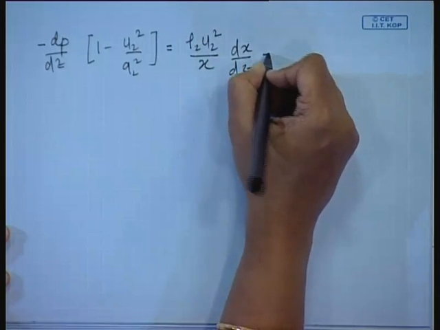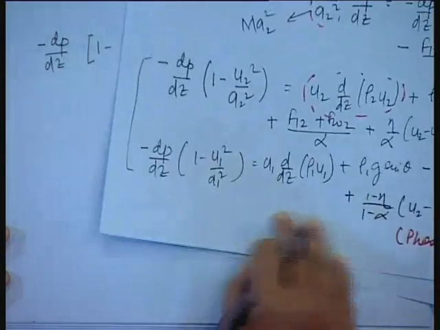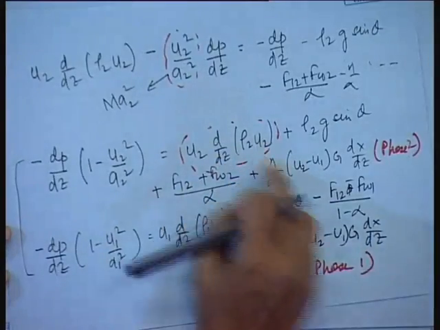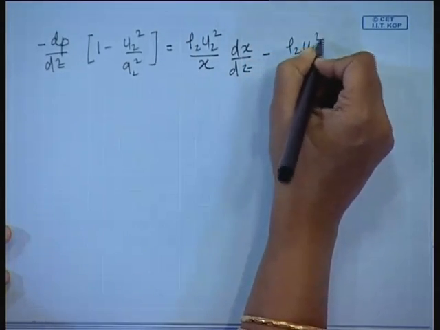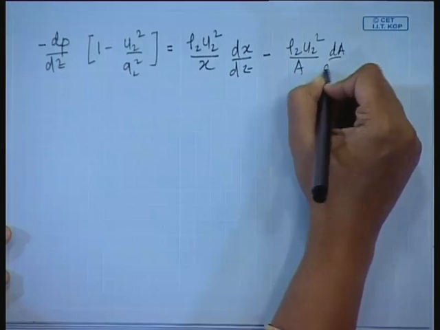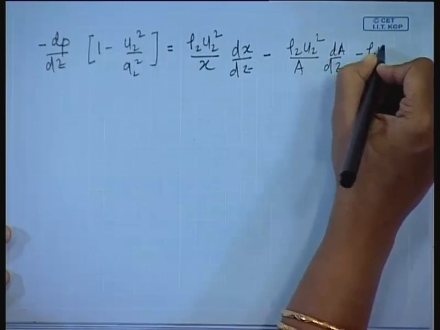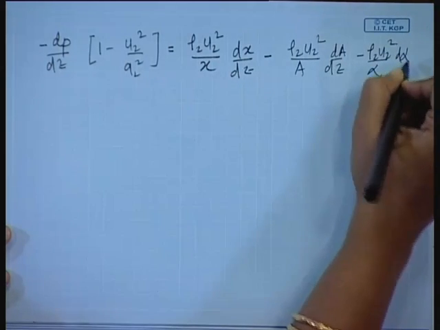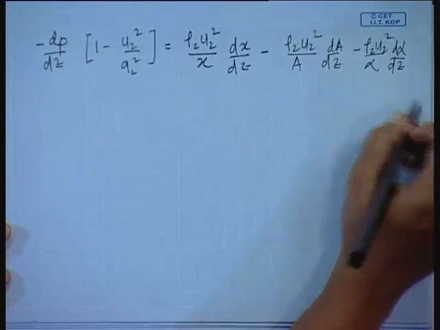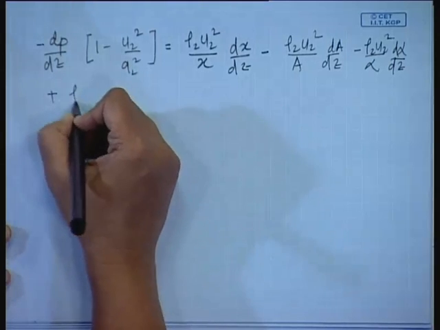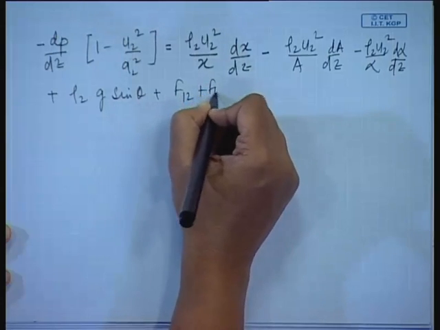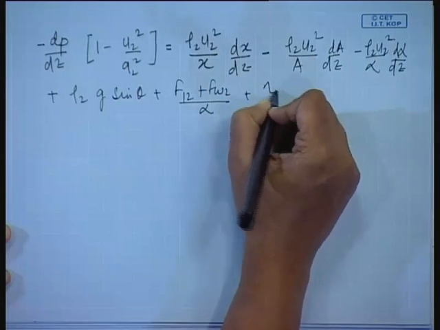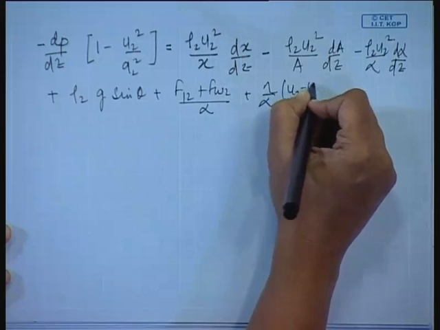I am just substituting this particular term, u 2 d dz of rho 2 u 2, minus rho 2 u 2 square by A dA dz, minus rho 2 u 2 square by alpha d alpha dz. Then the original terms which were there: rho 2 g sin theta plus f12 plus fw2 by alpha.